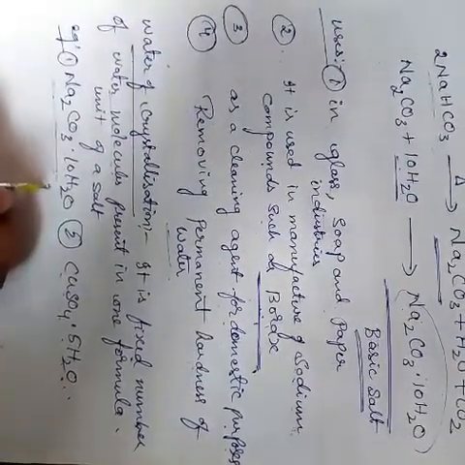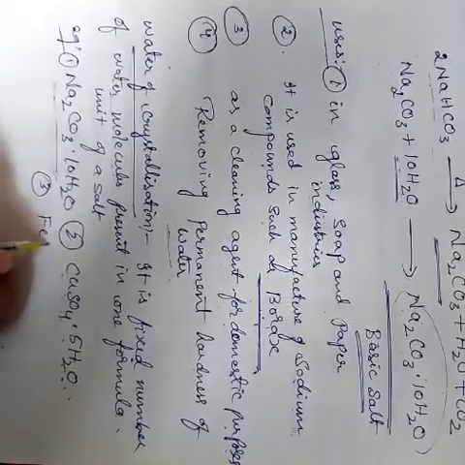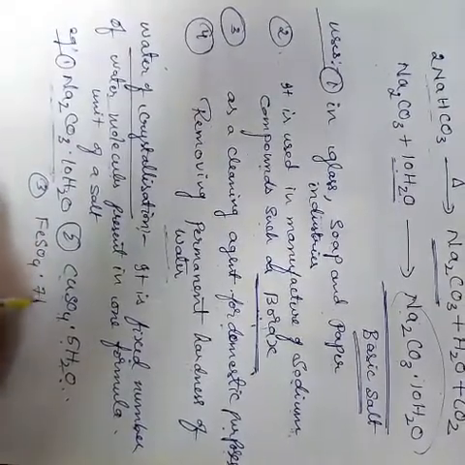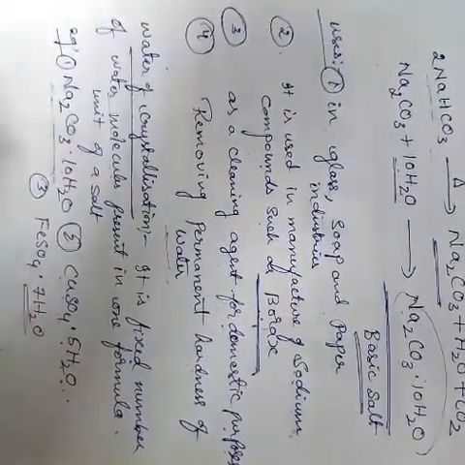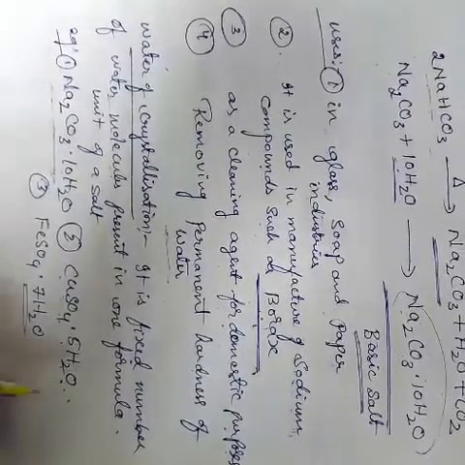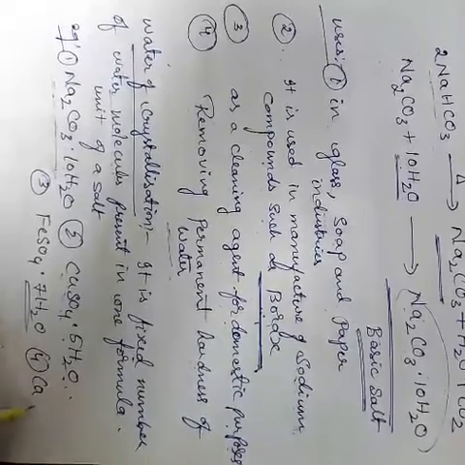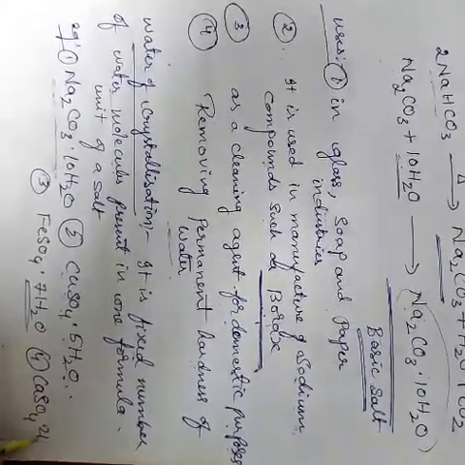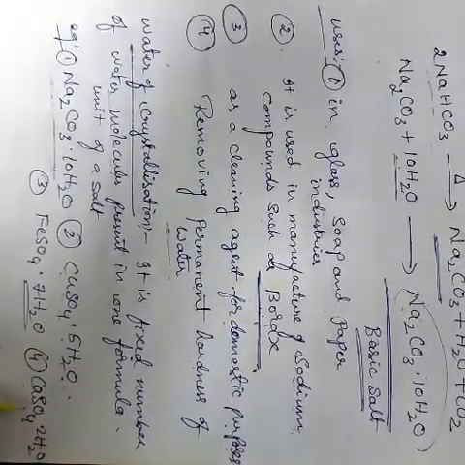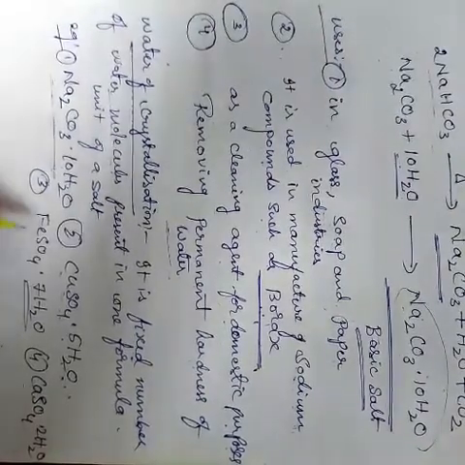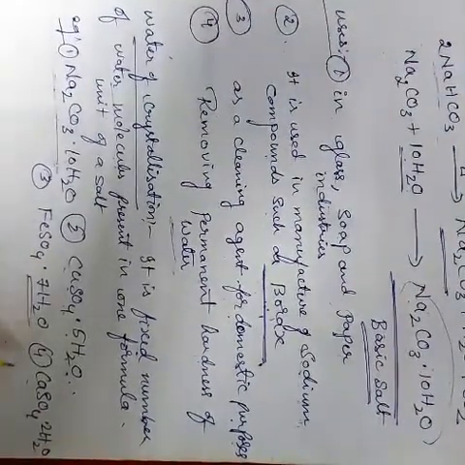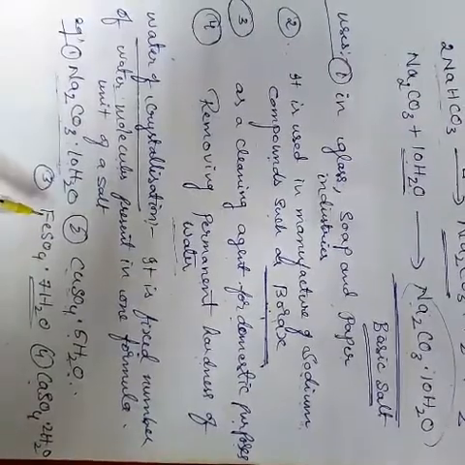In the same way, third is ferrous sulfate dot 7H2O, with 7 molecules of water. And many more salts are there with water, such as calcium sulfate with 2 molecules of water. This is called water of crystallization.